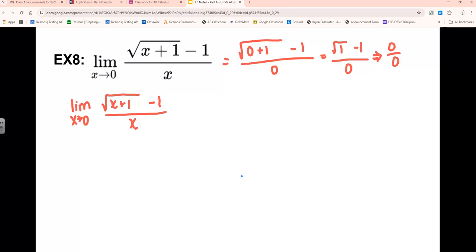Okay? So to do that, most of the ones that we're going to see are going to be cases like that third example we did on the warm-up, where we've got a plus or a minus sign there. So we have to multiply by the conjugate here. Let's write down that phrase.